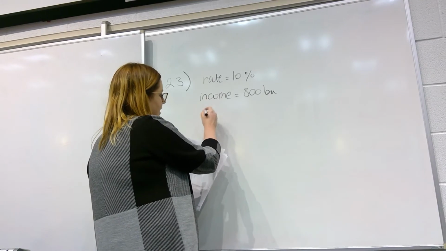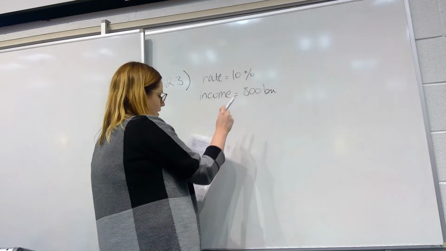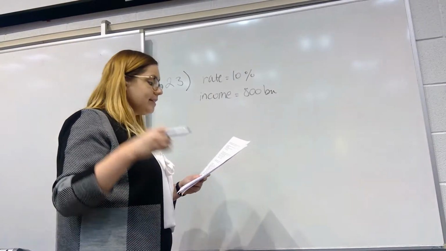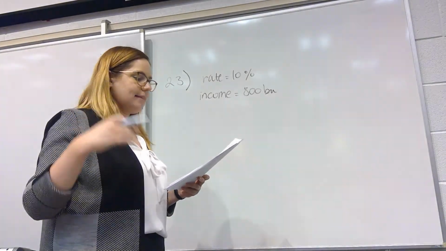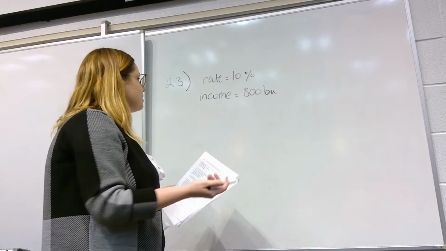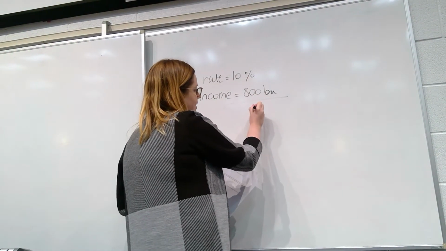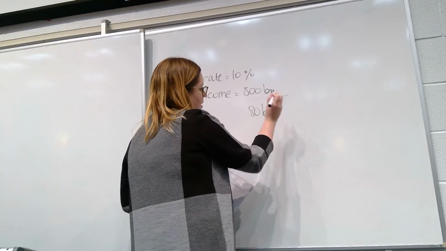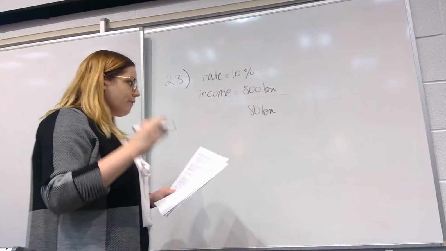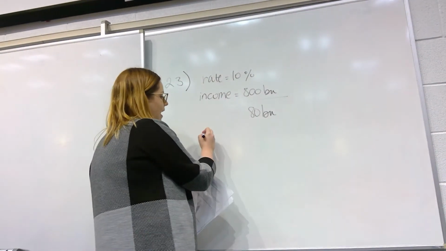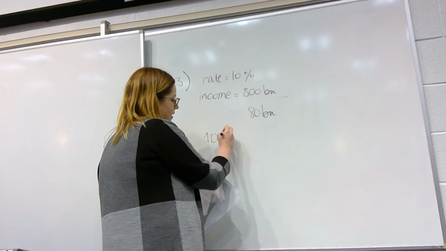So the government income would be, aggregate income is 800 billion and the government is charging 10% tax. So 10% of 800 is 80 billion. That is what government is earning. The government outlays are 100 billion.